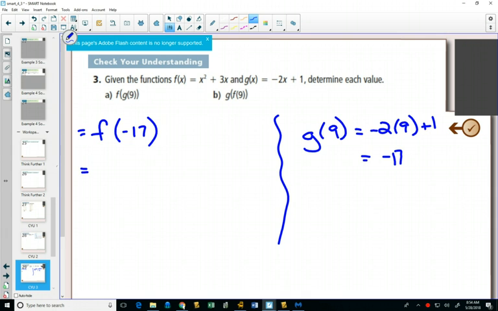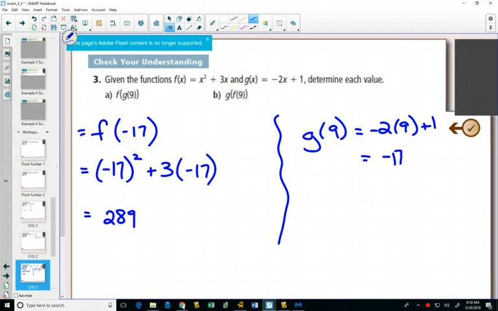And then for f of negative 17, because this is your final one, that means we're plugging negative 17 into f of x. This one you can show the work right here. So I'm going to just show all the steps. I'm going to plug in negative 17 for x. 17 squared, is that 289?